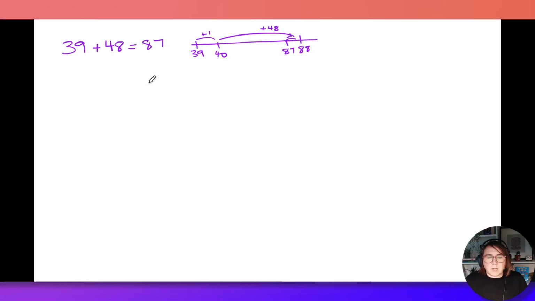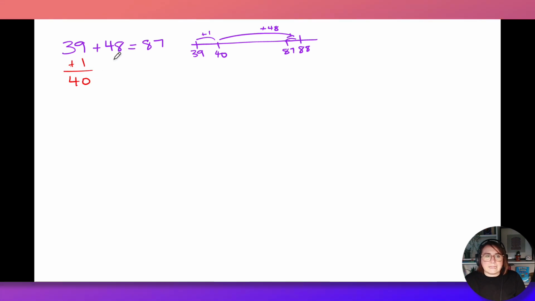But in this new strategy, before we even start the reasoning, we want to give and take with our numbers to get something a little bit easier. I see this 39 here. It's really close to 40, and so I want to make it a 40 because 40 is a friendlier number. So I need to add 1 to it to get 40.